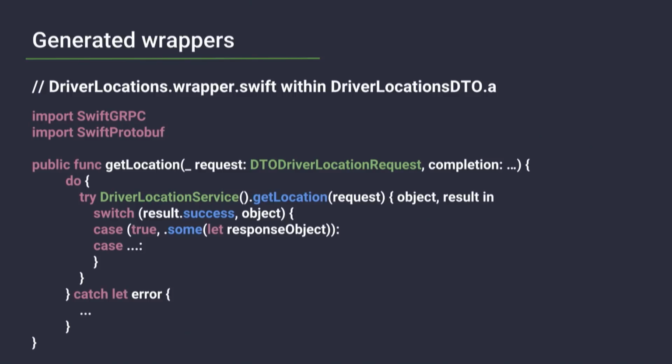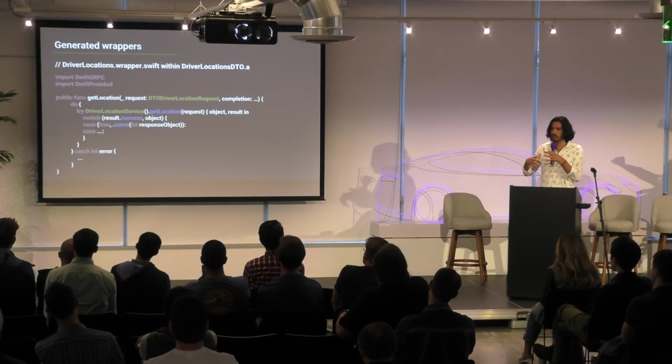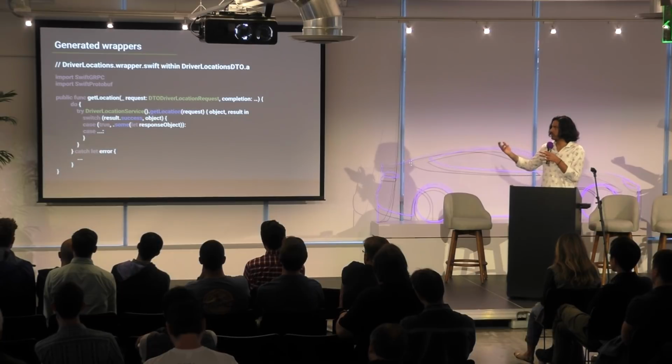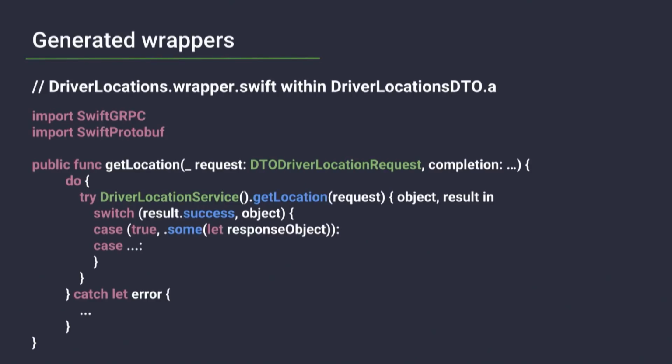Essentially, we import our dependencies, and then wrap all of the call sites with some of our own convenient stuff. As you can see, this function called getLocation still takes that same request model, but under the hood it handles trying and catching, error handling and retrying logic all for you.